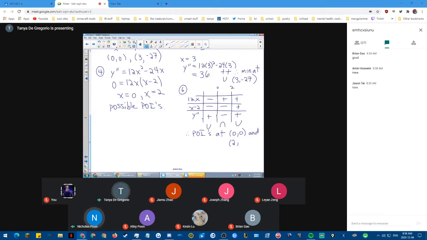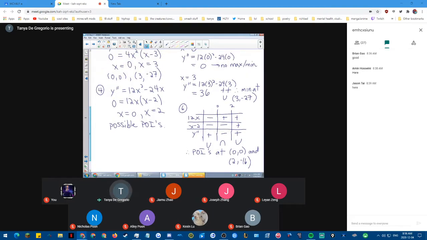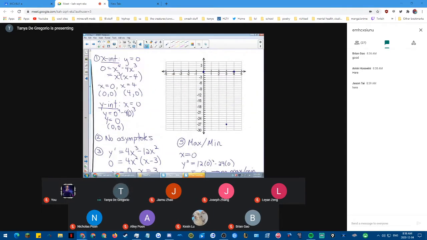Negative 16. All right, so let's put these points on now. So 0, 0 I have, and let's put in 2, negative 16. There we go. Okay. The last thing that we should do is just look at the end behaviors.